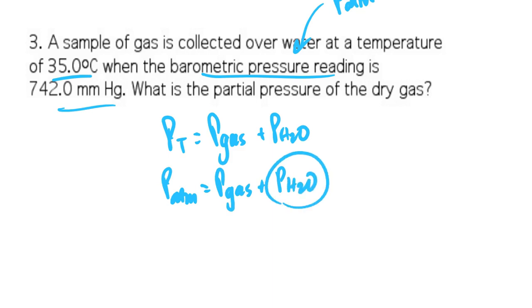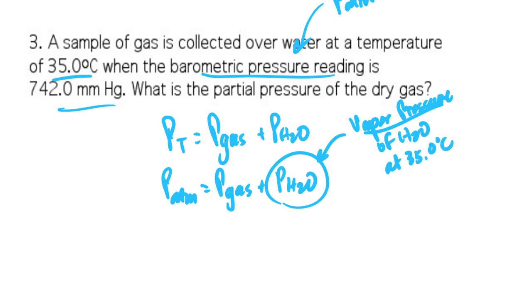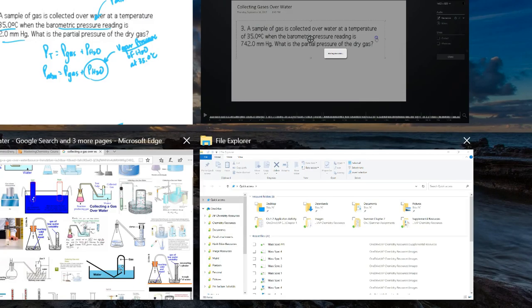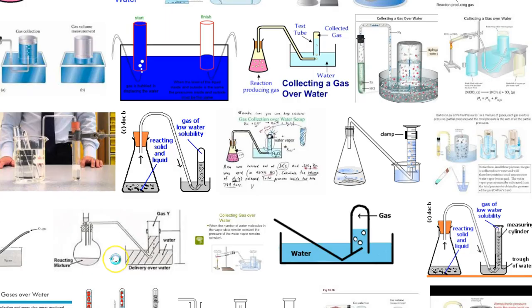Now, water vapor has specific pressures at specific temperatures. So I would need to look up this vapor pressure of water, and that vapor pressure changes with temperature. So I'd need to look it up at 35 degrees Celsius. It can be provided to you in a problem. You might be given a table, or if you have access to the internet, then you might be able to do an internet search.